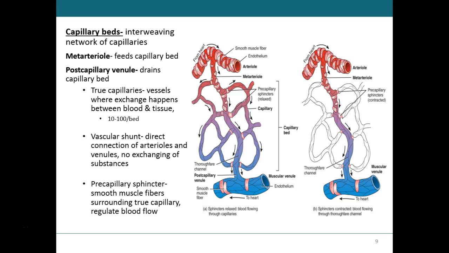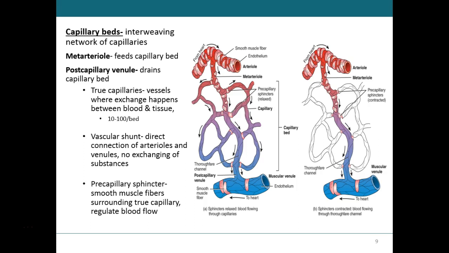But the primary function of these capillaries is for exchange of material between the blood and the interstitial fluid of the tissues. So because of this, these small vessels are sometimes referred to as exchange vessels. Capillaries are found near almost every cell in the body, but their number in a particular tissue varies with the metabolic activity of that tissue.